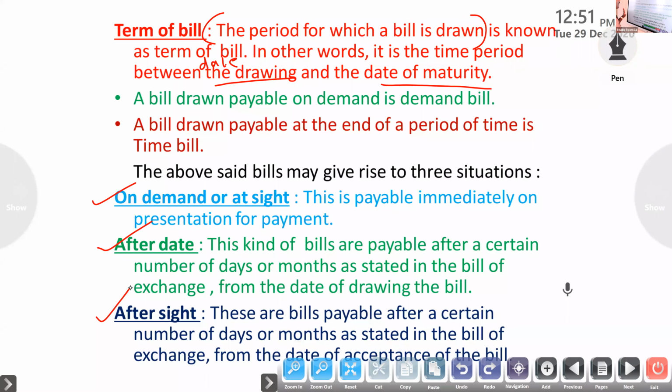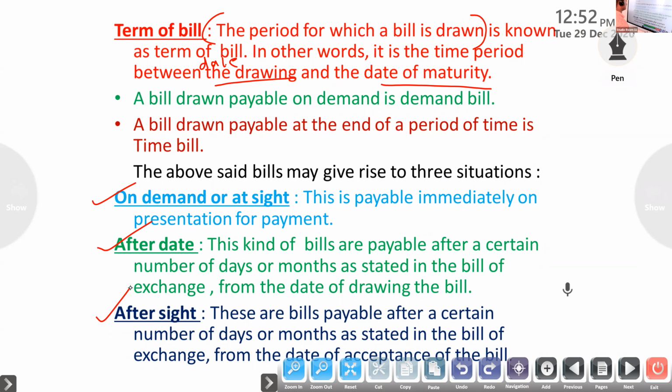The period between the date of writing the bill and the date of maturity. So there are three types of bill: bill on demand or bill at sight, then bill after date, then bill after sight.